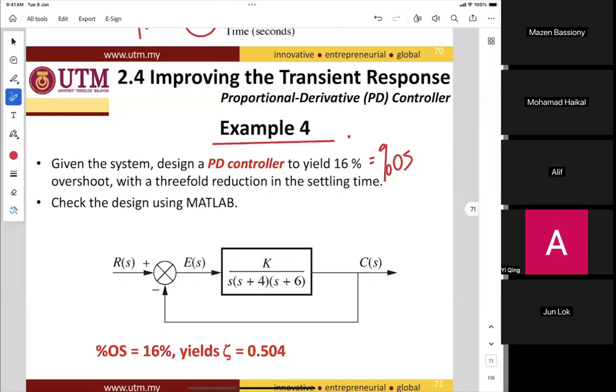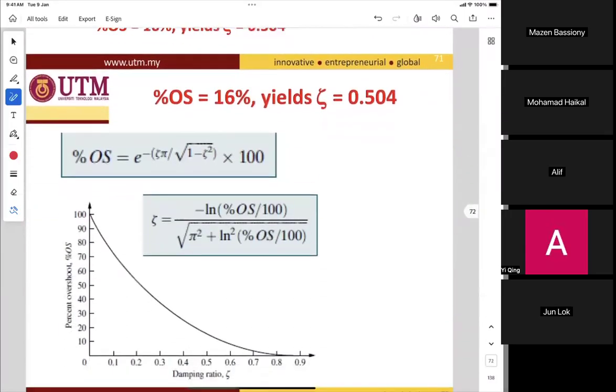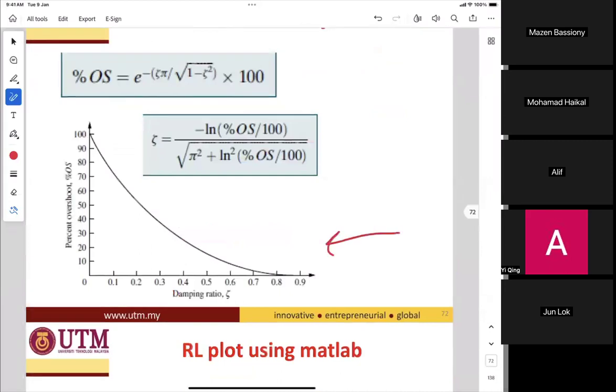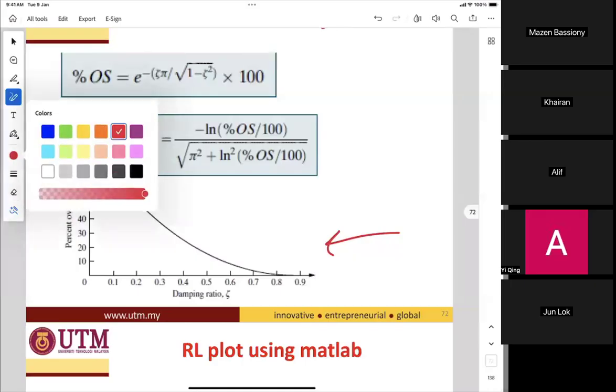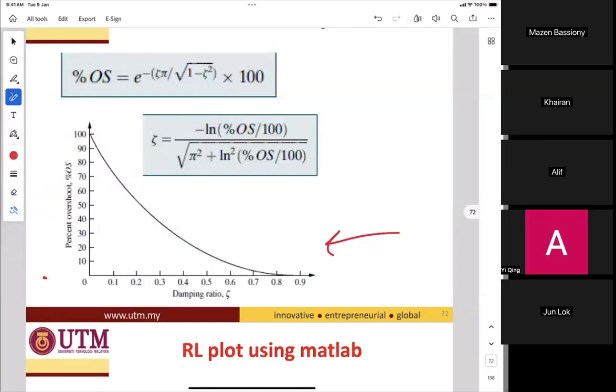At 16% overshoot, what is the corresponding zeta value? This graph, the one that I shared in the WhatsApp with the scale. About 0.5.